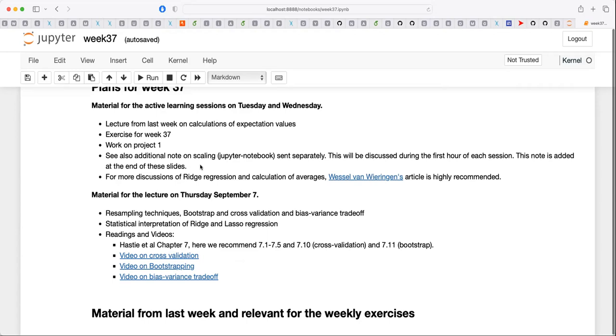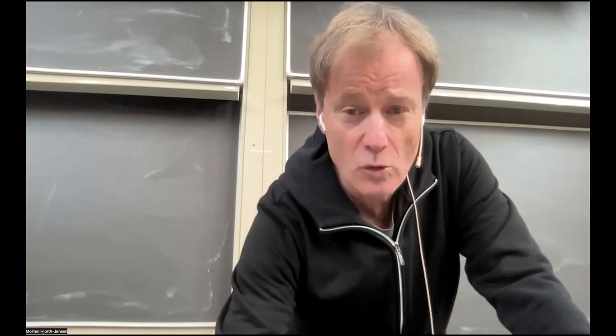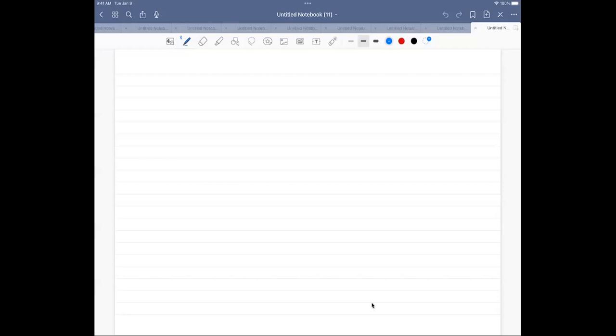So let's switch to the whiteboard and a quick look at the kind of overarching topic. So we are going to deal with resampling techniques. And these resampling techniques, the two very popular ones are called bootstrap.